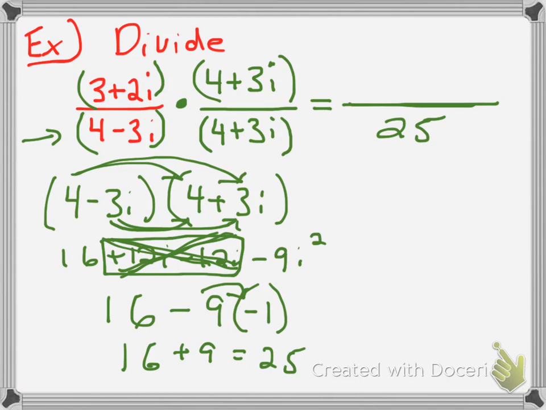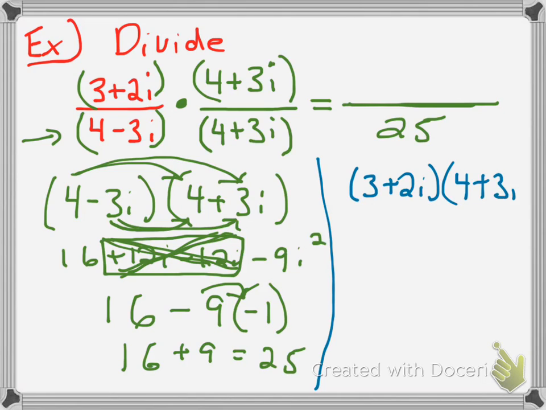Now, is that the case on the top? No. I'm going to write in a different color here. I have to multiply the top now: 3 plus 2i, and then 4 plus 3i. You multiply by conjugates, just like we did here. 3 times 4 is 12. 3 times positive 3i is 9i.